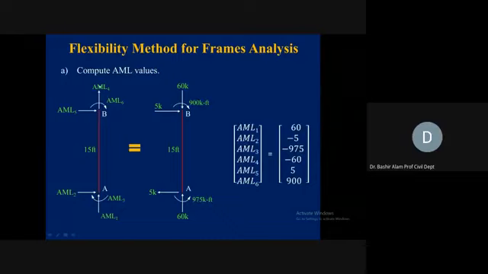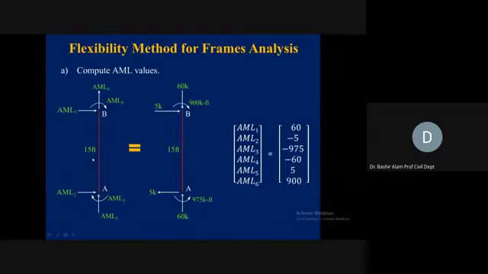Then AML4 upward. 60 is in downward direction, opposite to this one, so again it is -60. This is in the same direction, so +5, and 900 in the same direction, so this is 900. These AML values correspond to the AM values, where you have the provision to select your positive direction.